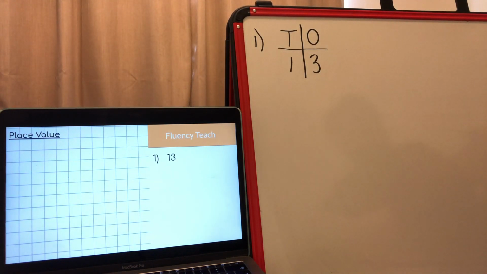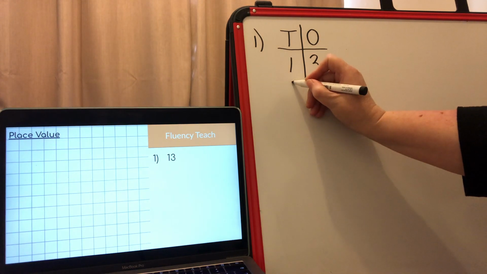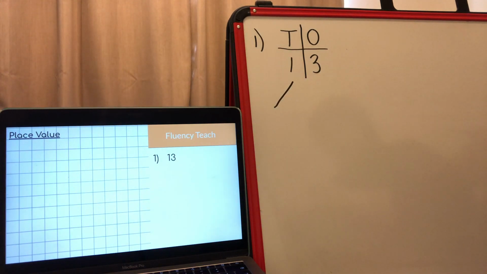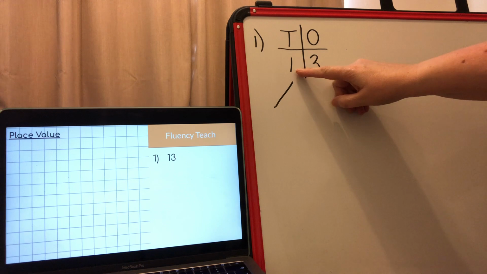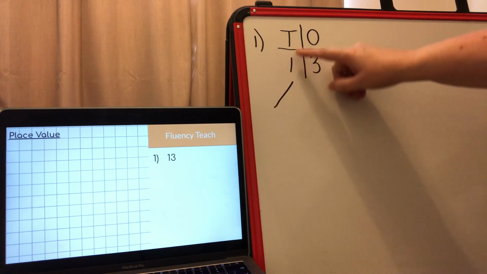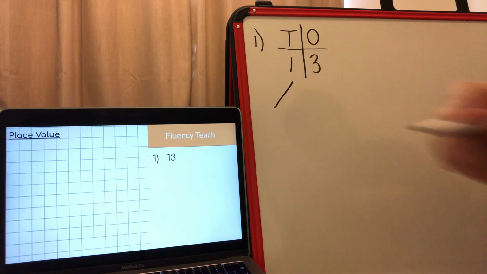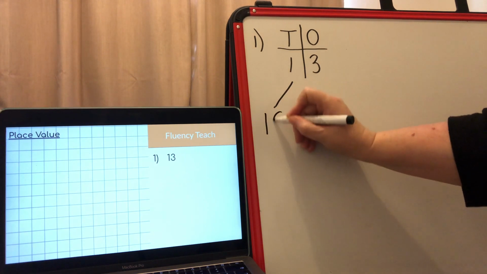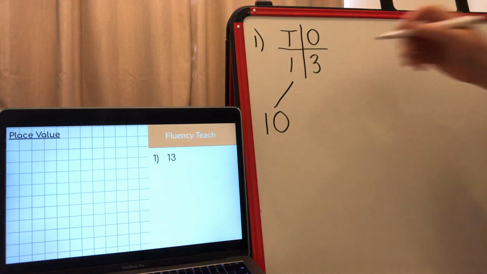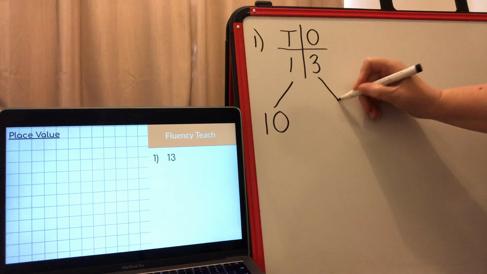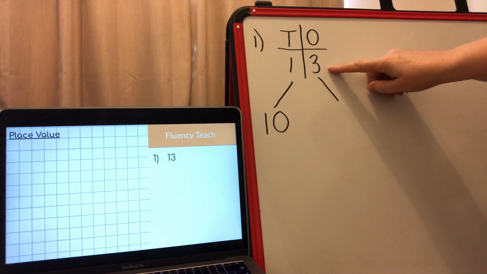And our job today is to think about the place value of each digit in that number 13. If I look at the 1, if I draw a line sloping down this way, how much is that 1 worth? What's its value? Well, it's 1 ten, isn't it? So that has a value of 10. The 3, though, if we draw a line going this way, is that 3 tens?